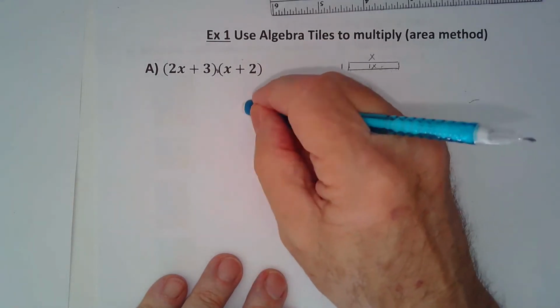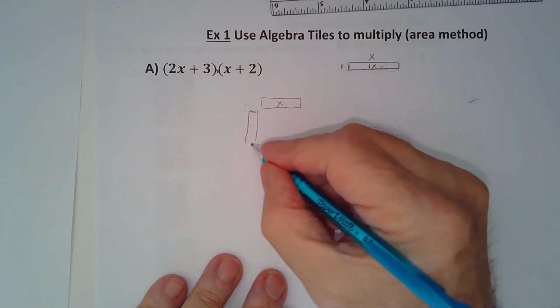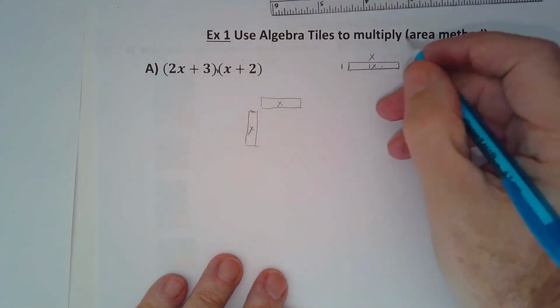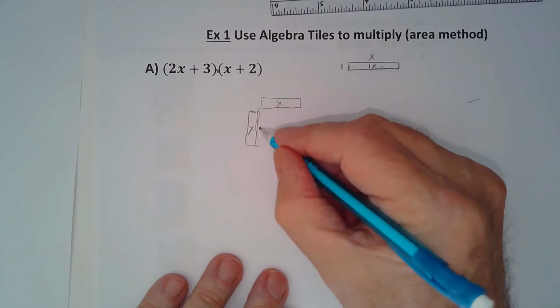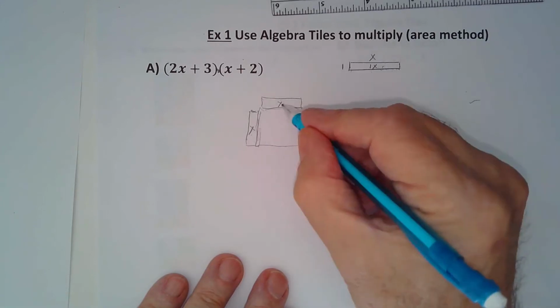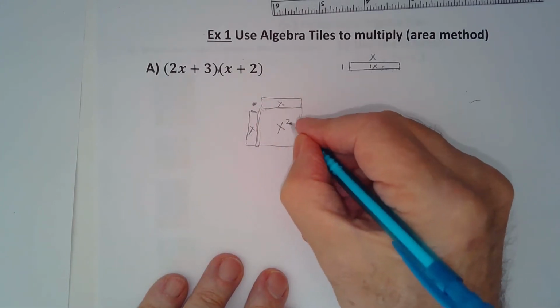Let's see if I can get this approximately right. And if this is 1x, okay, then the area that it represents inside is x times x, or x squared. Okay?